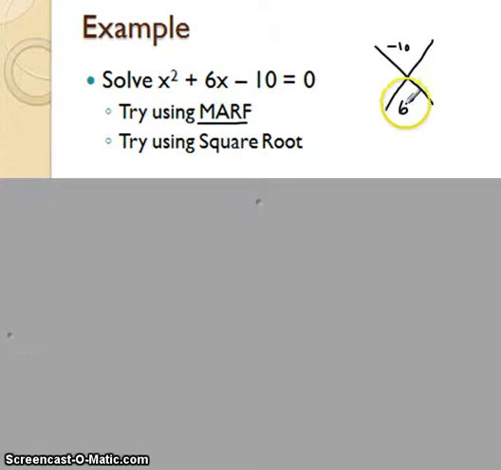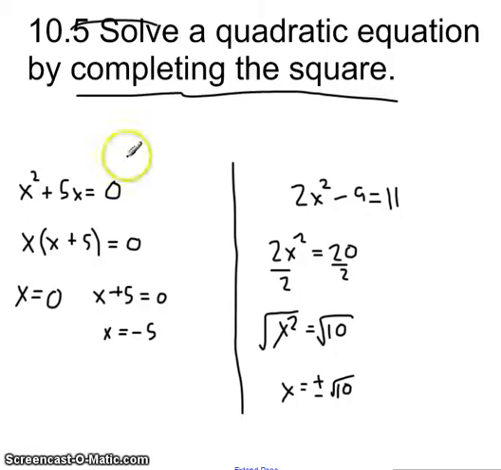None of those factors add to 6, so this is not a factorable quadratic, which means my factoring technique does not apply. And once again, I can't use the square root property because I've got two x terms here. Remember, I can only use the square root property when I have a single x term.